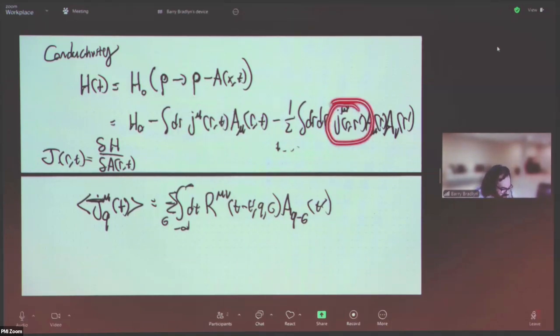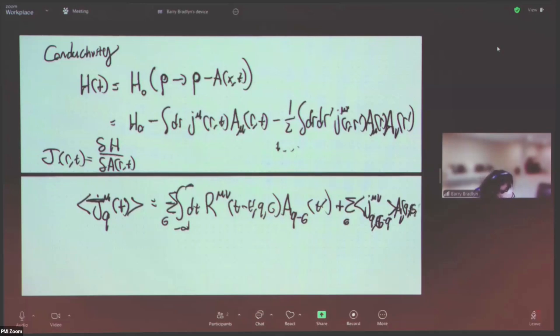But then there's going to be a term linear in A that comes from just the unperturbed average of this j mu nu, which is known as the diamagnetic current, or diamagnetic conductivity, times A nu of q plus g, t.